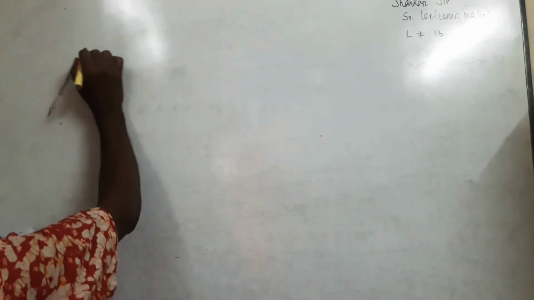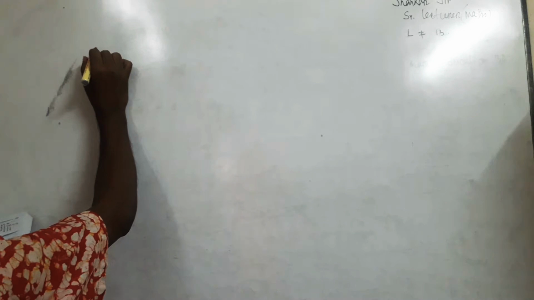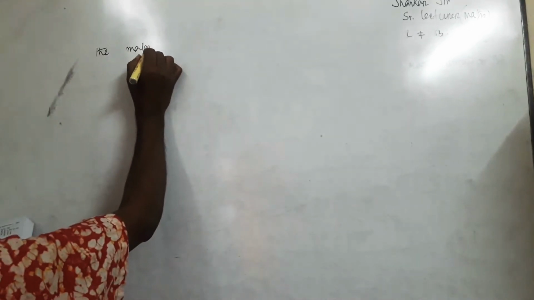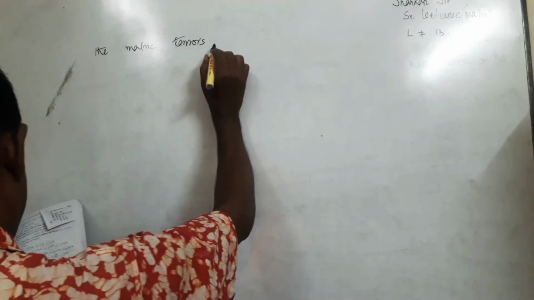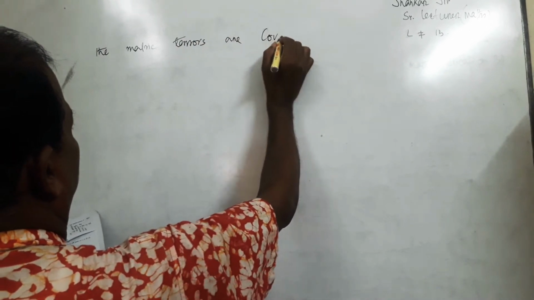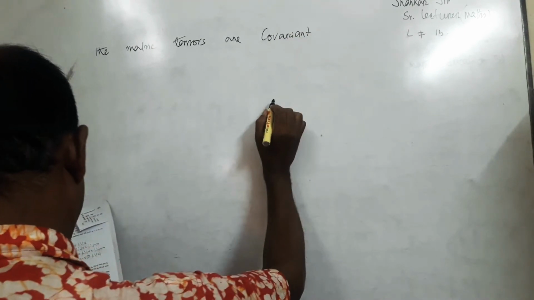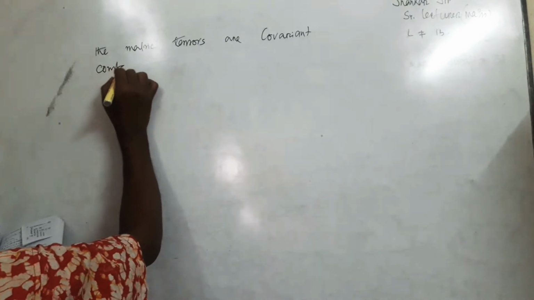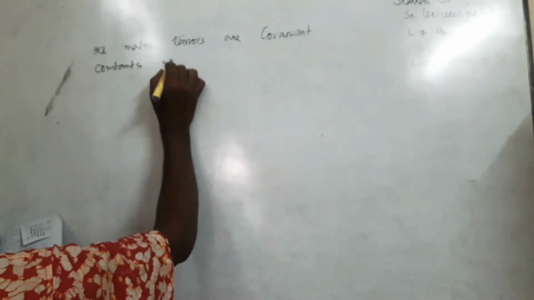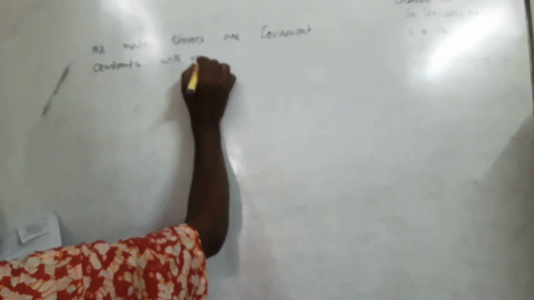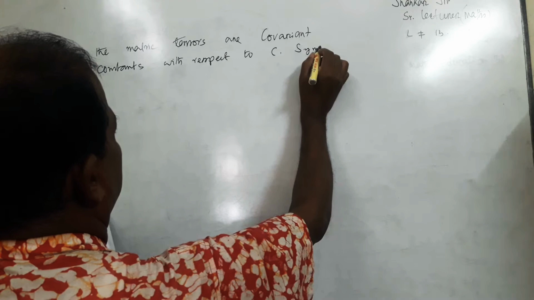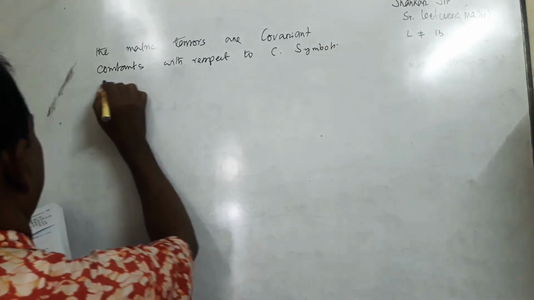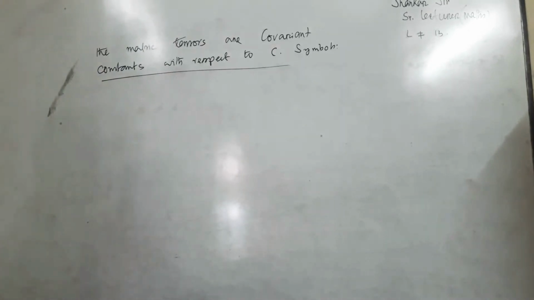The Ricci theorem is that the metric tensor g is covariantly constant with respect to Christoffel symbols. This was discussed previously with the Christoffel symbols.